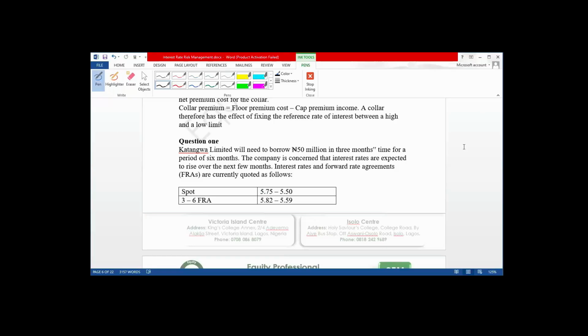Katangwa Limited needs to borrow 50 million naira in 3 months' time for a period of 6 months.